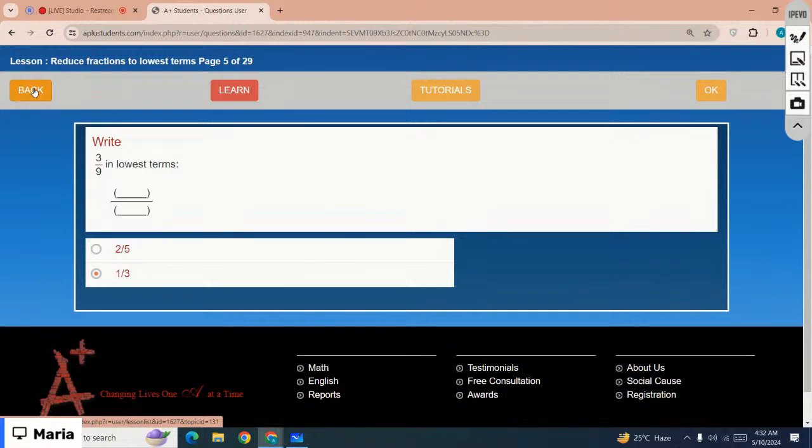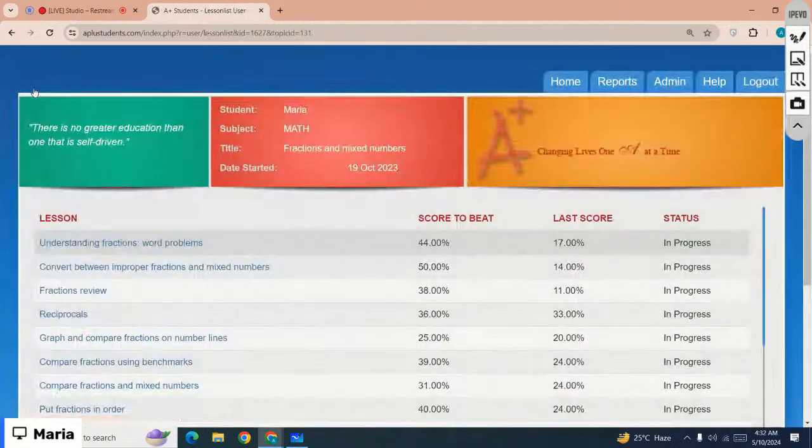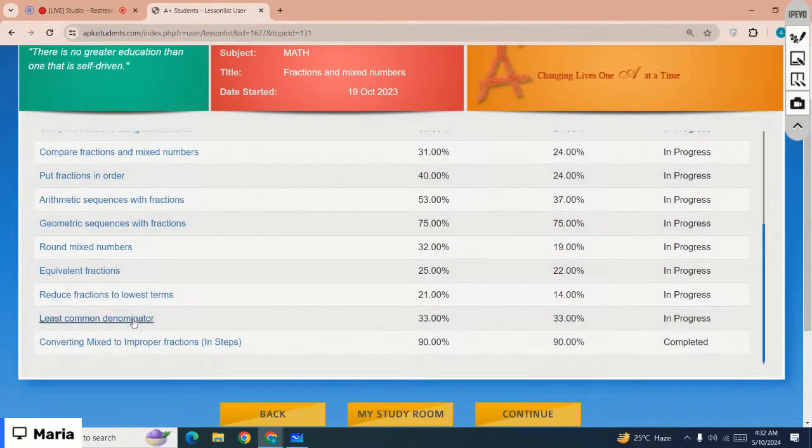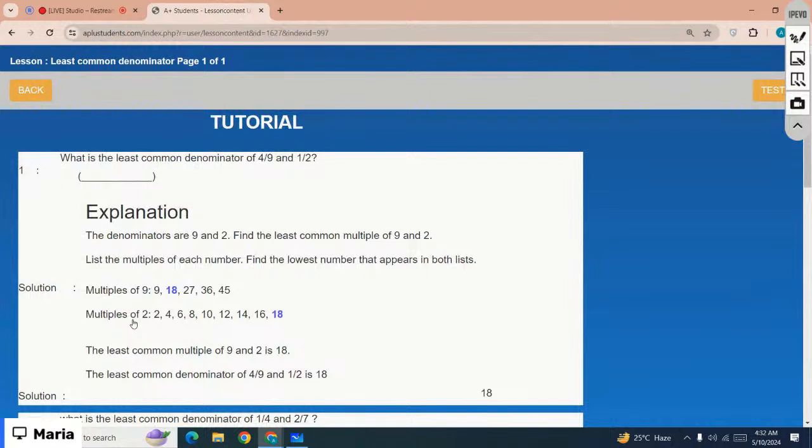The next lesson is least common denominator. Okay, here is the lesson, least common denominator.